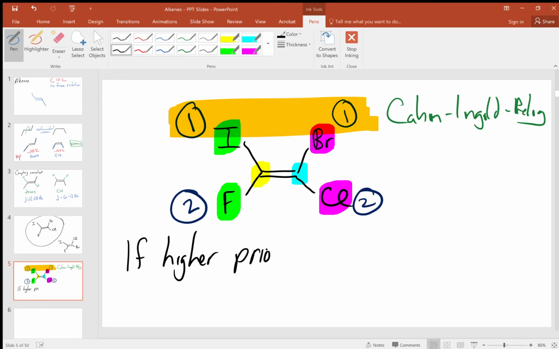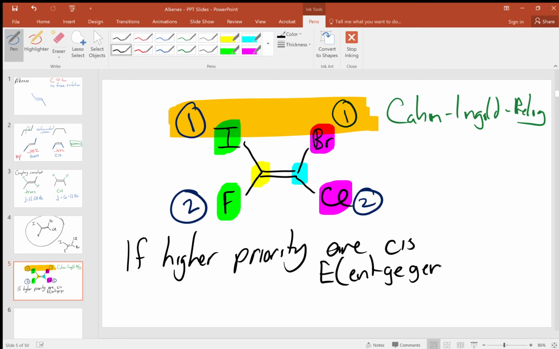So if the higher priority are cis, then we call it Z from the German word for together.